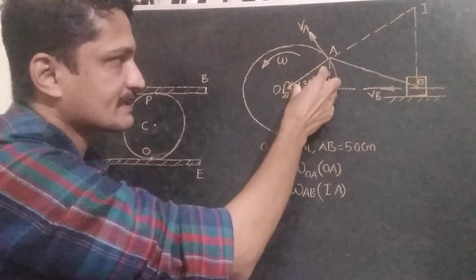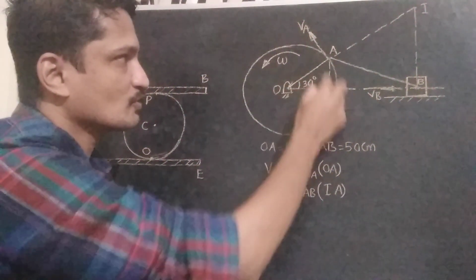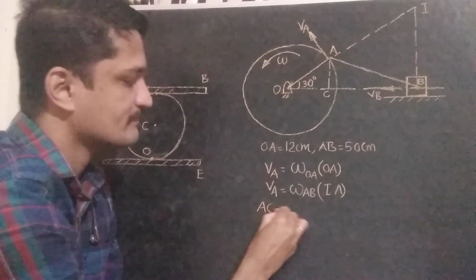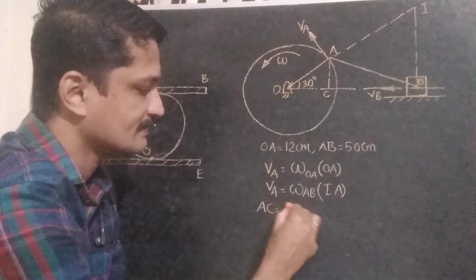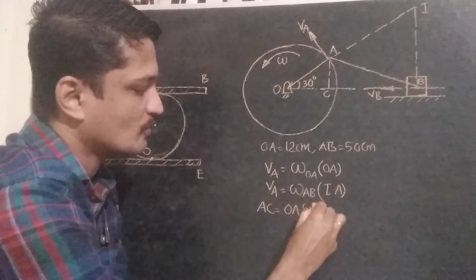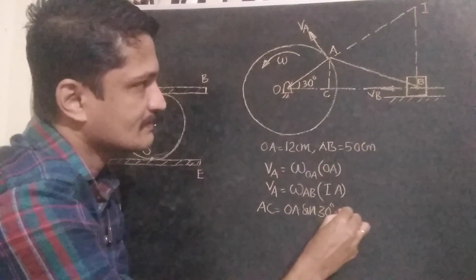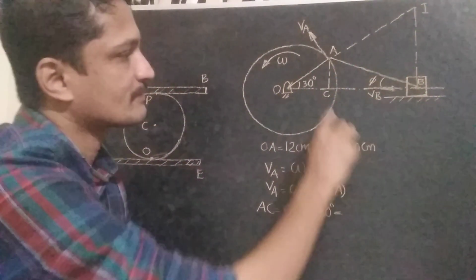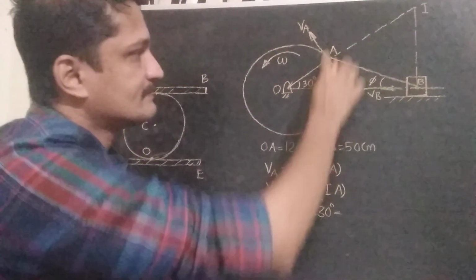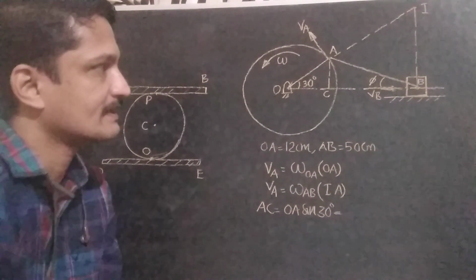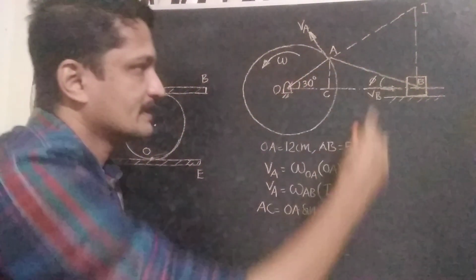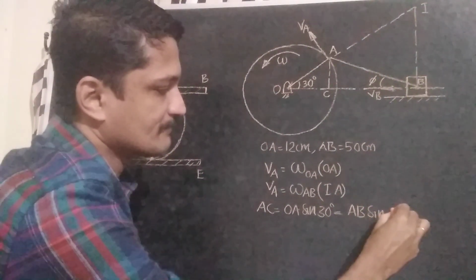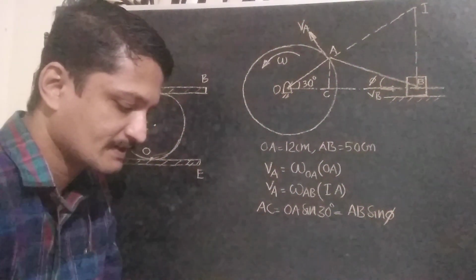Then from the right angle triangle OCA, AC is equal to OA sin 30 degrees. If this angle is equal to phi, from right angle triangle BCA, AC is equal to AB sin phi.